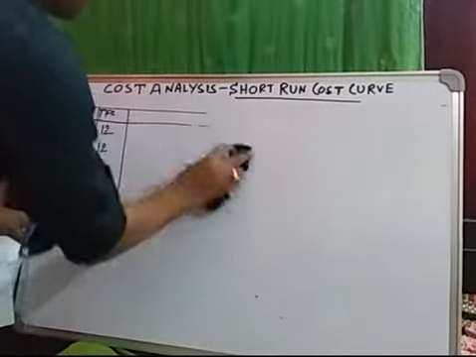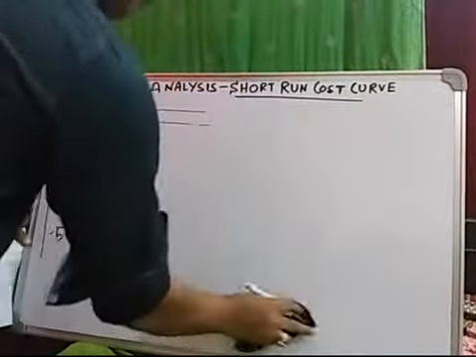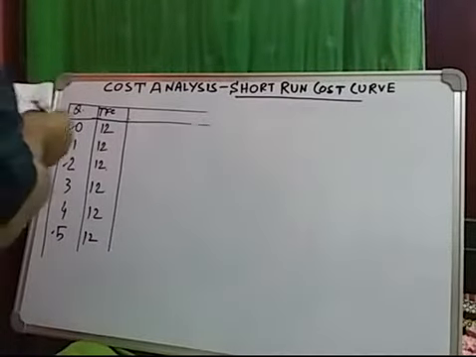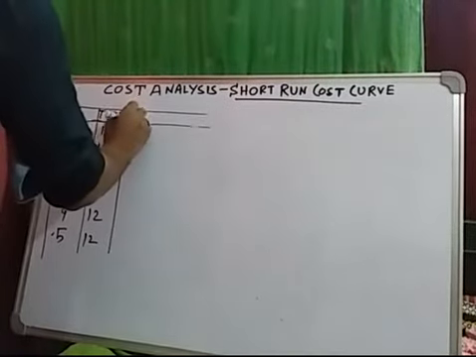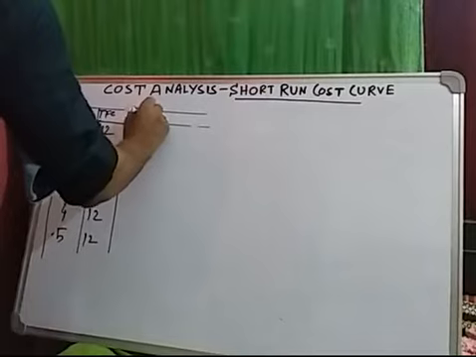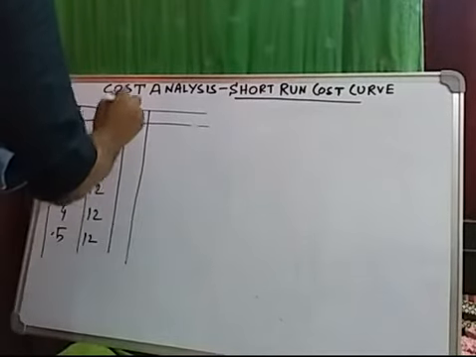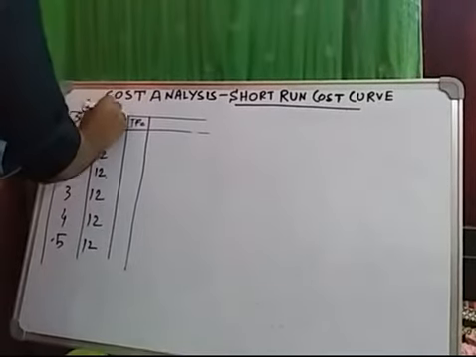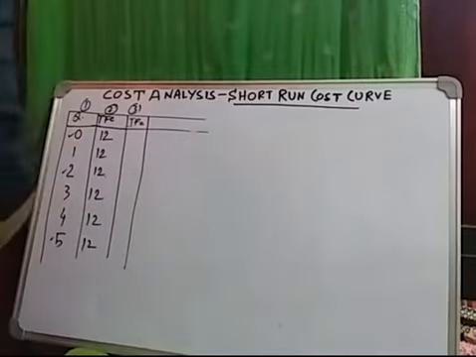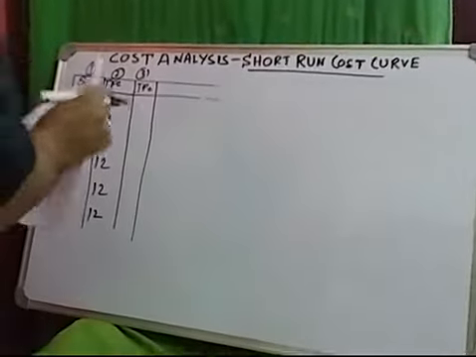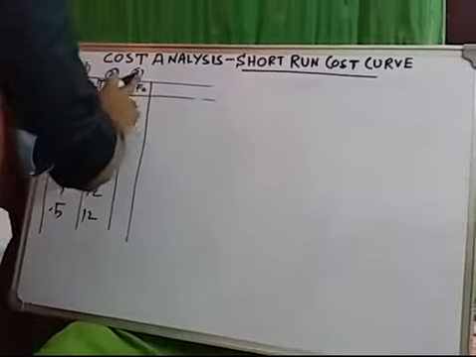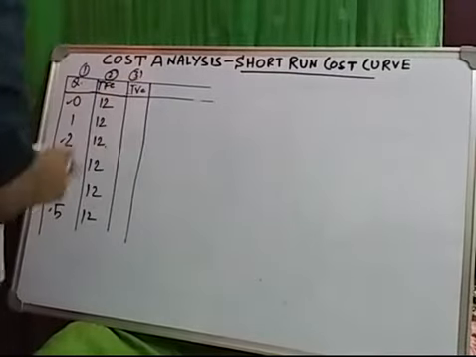Now I am taking the variable cost data. This is column number 1, this is column number 2, this is column number 3. So TFC, and this is called TVC. Here you write TVC.